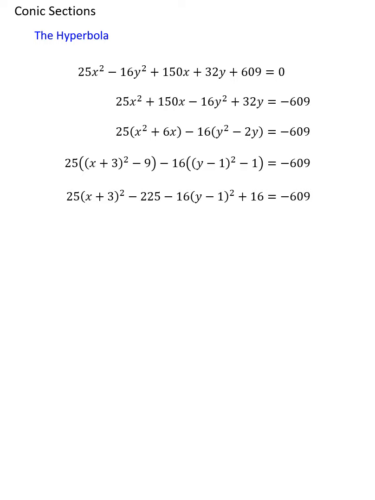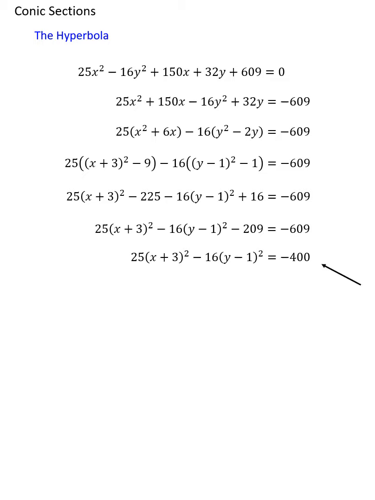First, I decided to combine the negative 225 and the positive 16. Then I added 209 to both sides and realized I'm now even closer to preferred format. But one thing that differs is that this term should be a 1 in preferred format.